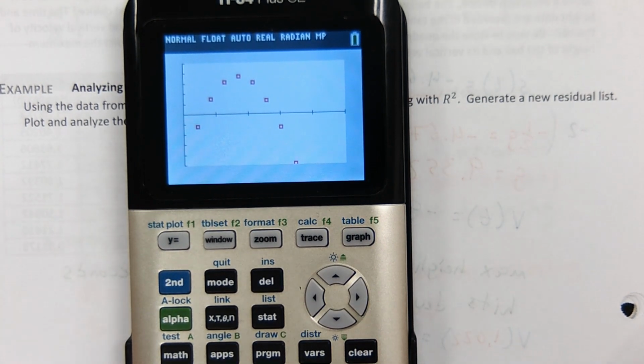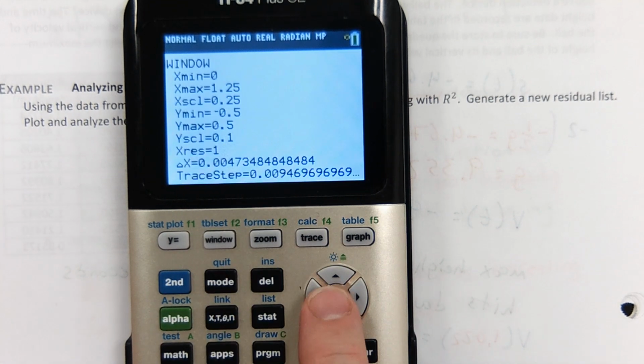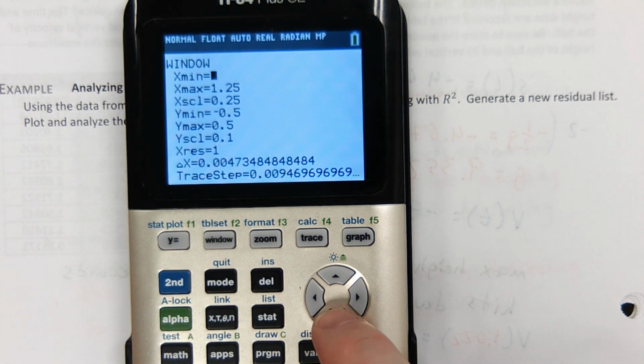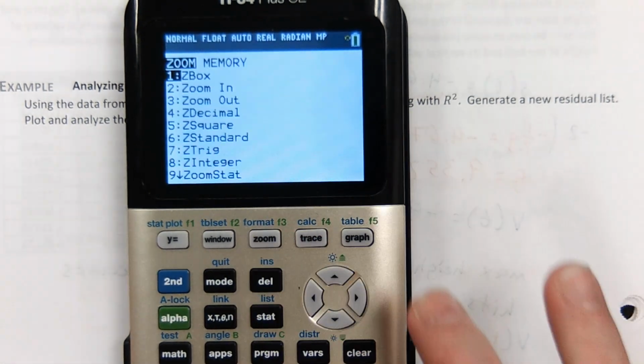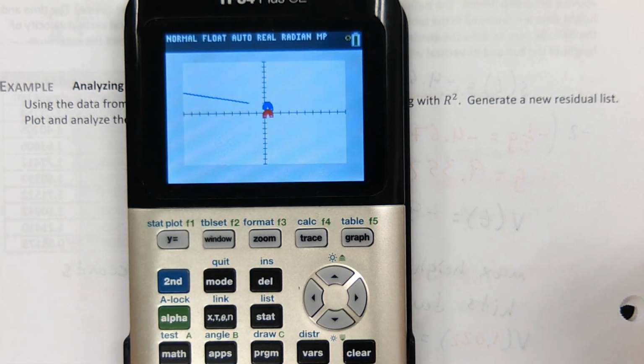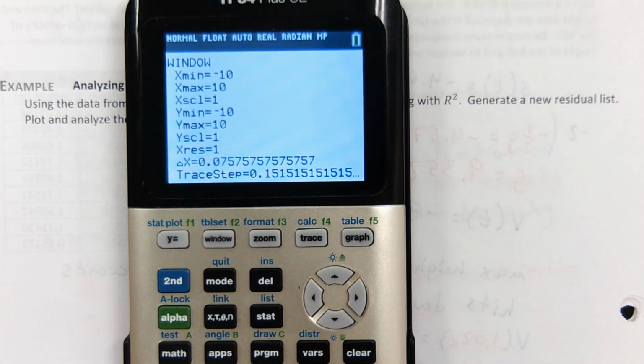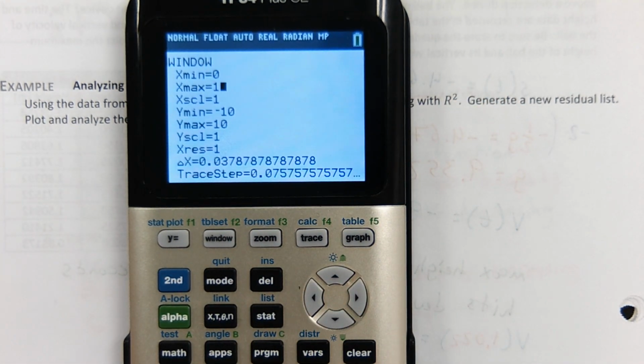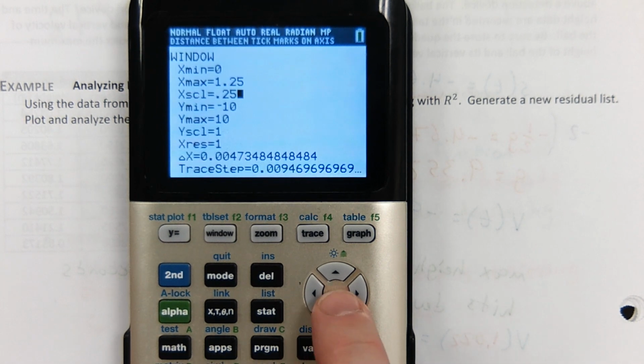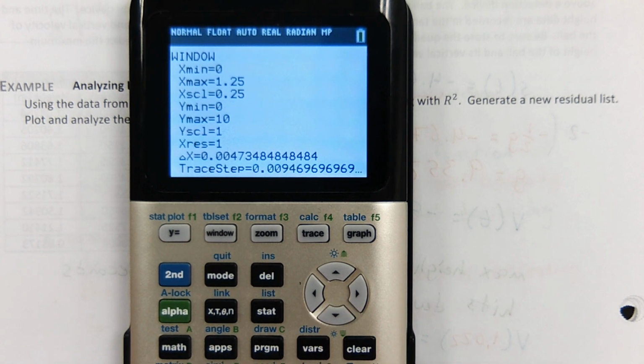In fact, if you make the window large enough so that you can see the original scatter plot, let's zoom 6. Look how bad that is. What was the original window? Do you remember? 0 to 1.25 and 0 to 2.